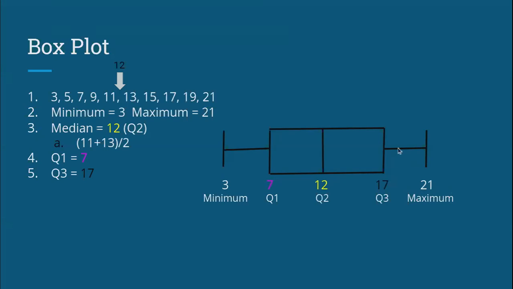So the whiskers should be about the same length also. So the way you plot your box plot matters, where you put your quartile marks. Okay, and remember these Q's stand for quartiles because the box plot is in 1, 2, 3, 4 parts, and we know 4 parts are called quarters. Okay?